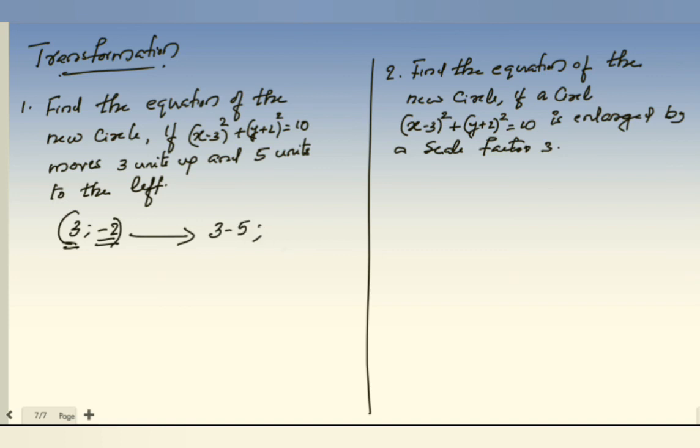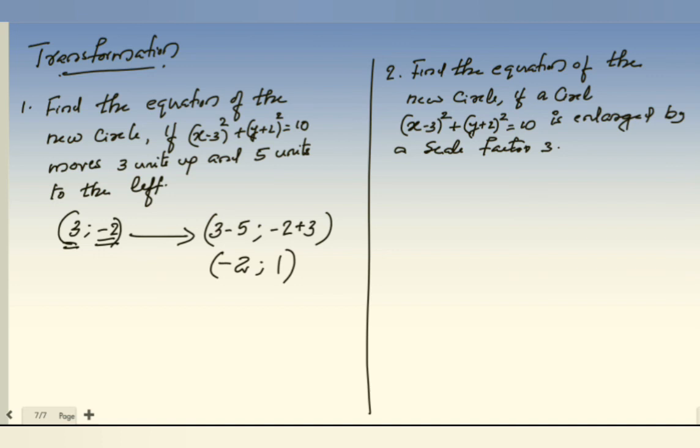Then what happened to the y value of the center of the circle? That is minus 2. 3 units up means you have to add 3 to the minus 2, that is minus 2 plus 3. So the new center is minus 2, 1. That is the new center, and the radius will not change, because here only the translation is happening.